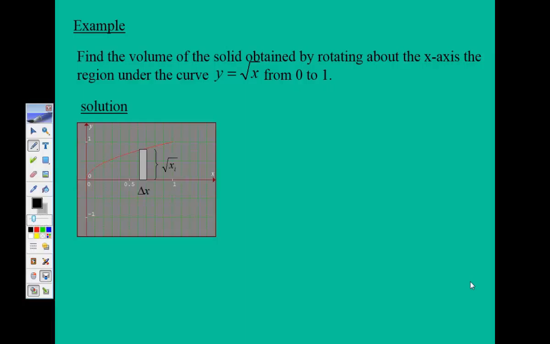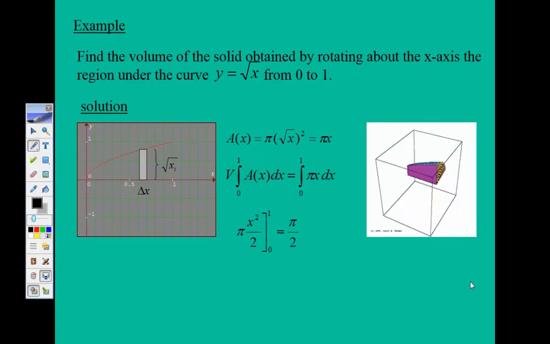In that case, we would put our rectangles horizontal to the x-axis, and the width would be then delta y instead of delta x. And if it's delta y, we have to have functions of y. And we'll try one of those where we rotate it around the y-axis. And there's what the figure would look like if we rotate that around our x-axis.